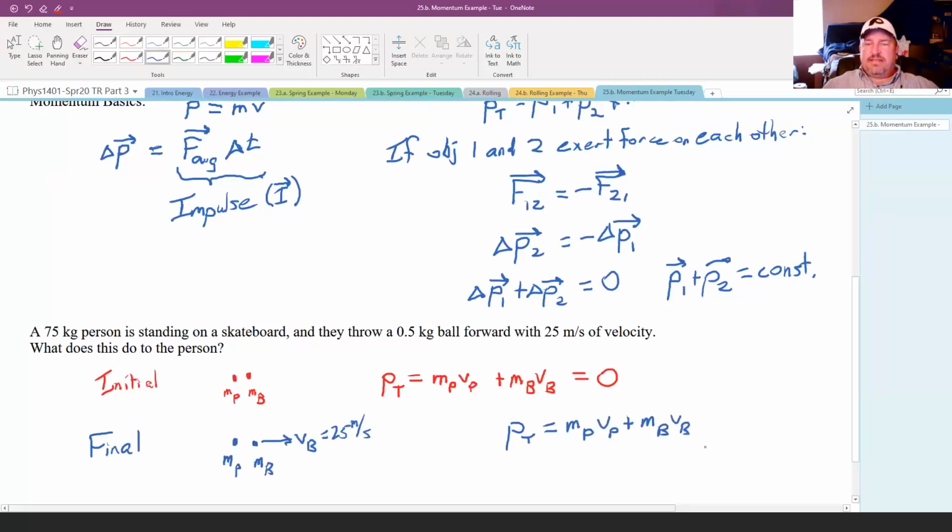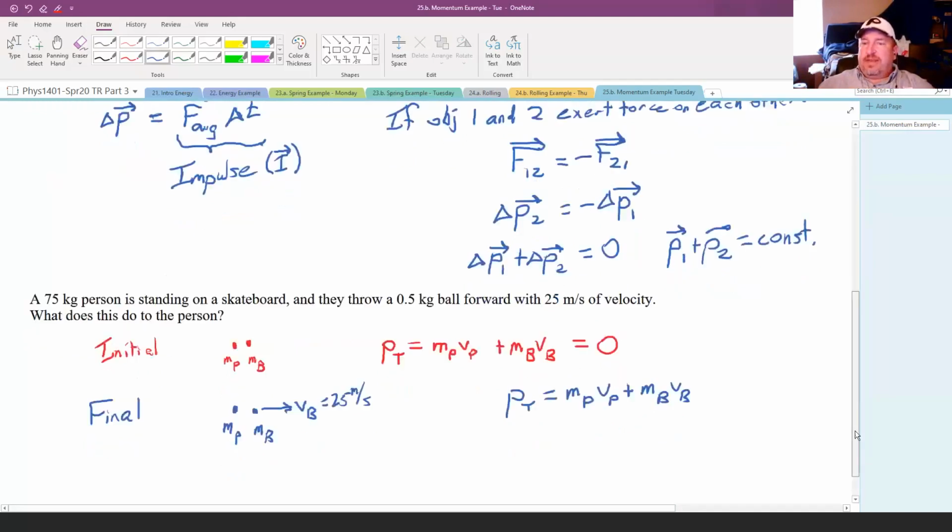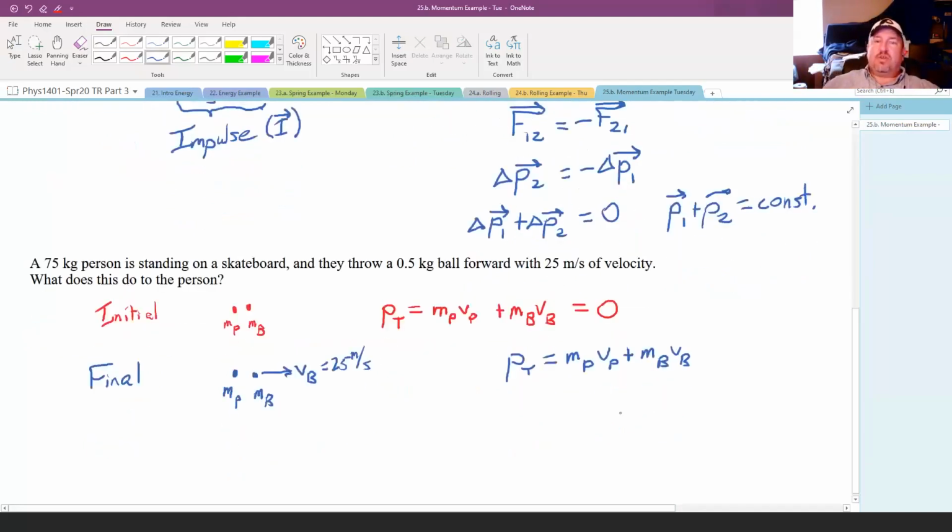And this time, instead of just doing a calculation, we need to fill in everything we know and see what we have to solve for. So one thing we get to do is put a 0 in here, that is, this 0 up there.